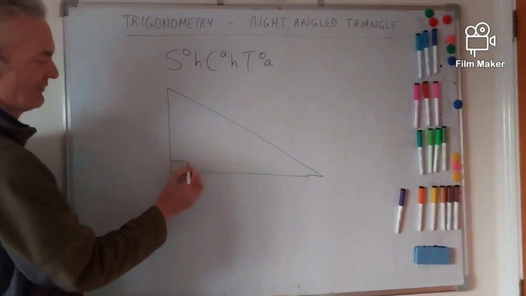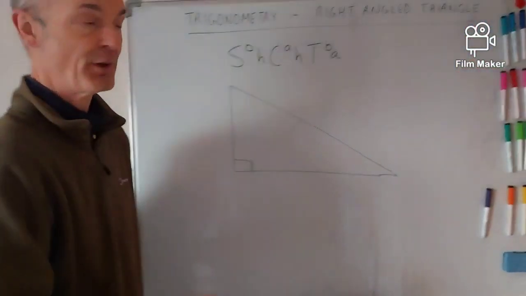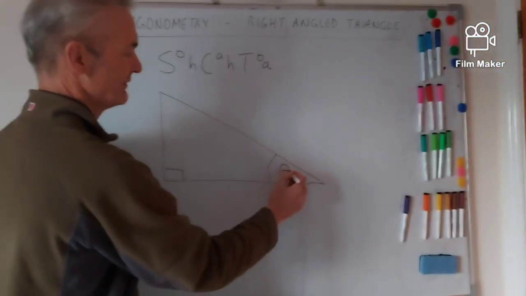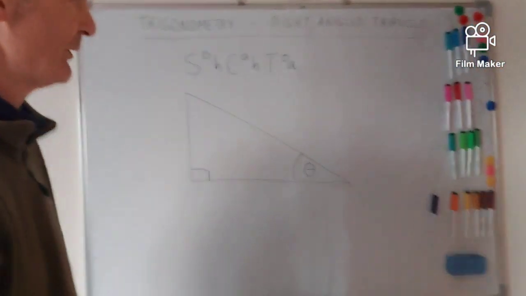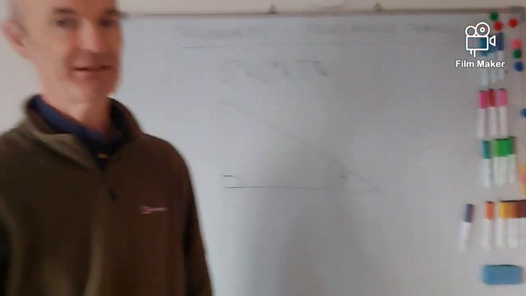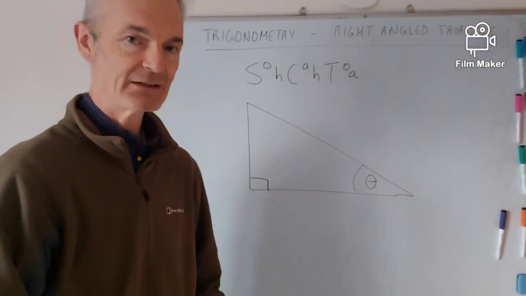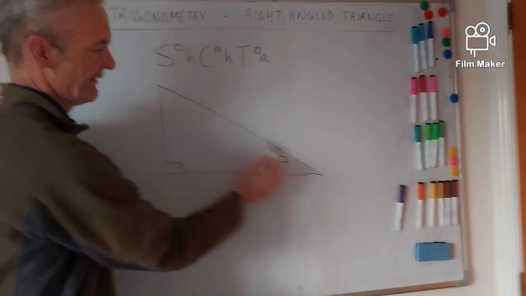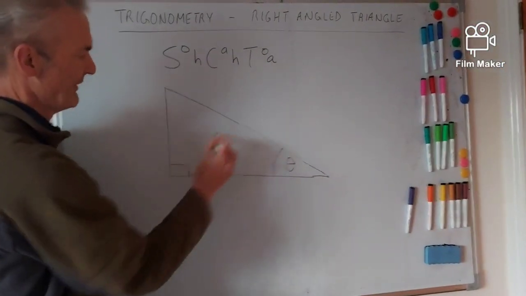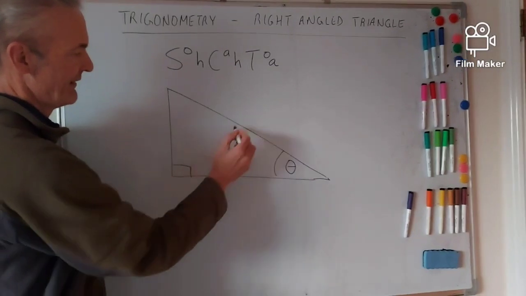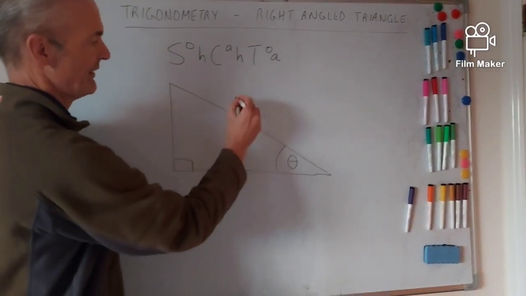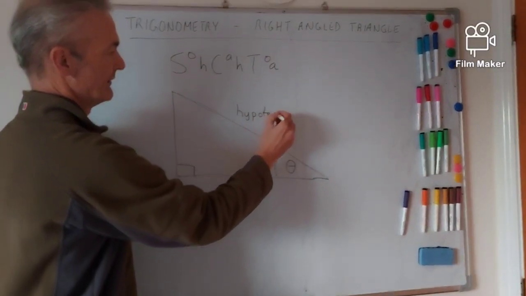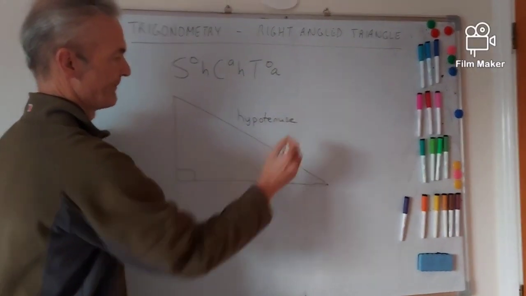Okay, so it's got the right angle here, and I'm going to put an angle over here. Just going to call it a general angle, theta. So how do we label this triangle in relation to that angle? Now, the longest side is this side here. It's the one opposite the right angle. So this is the longest side, and this one is the hypotenuse.